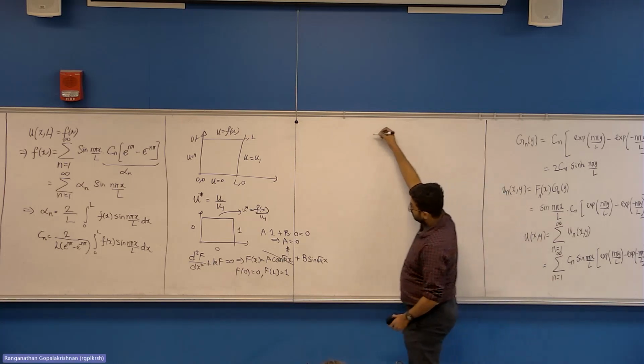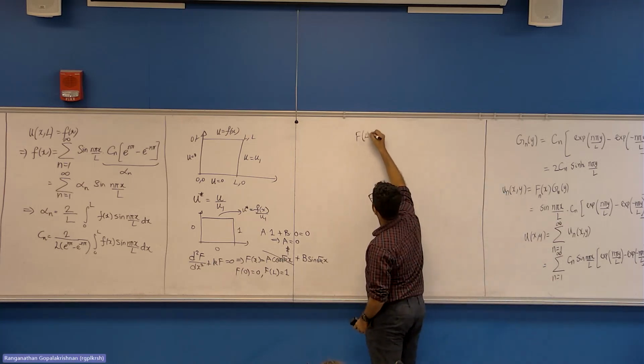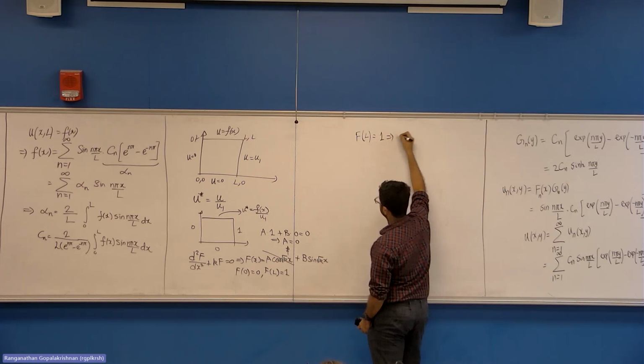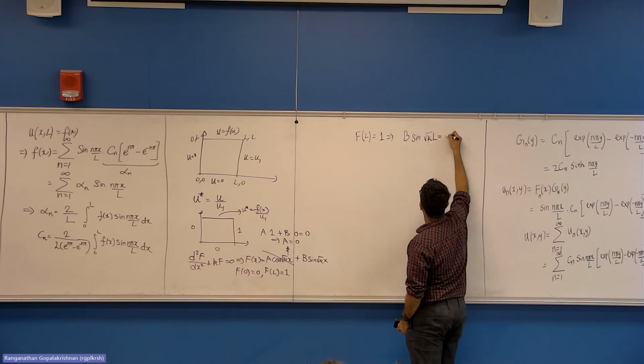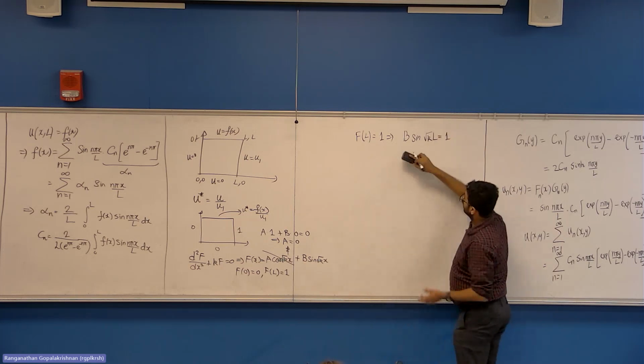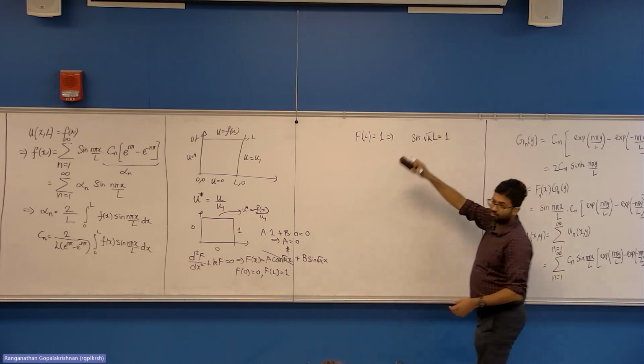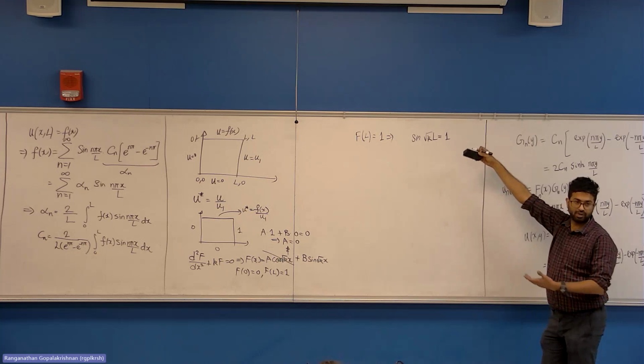So then we have f of L equal to 1, which implies b sine square root of k times L equal to 1. And by the same logic, we don't have to track b because you will anyway have another constant appear later.